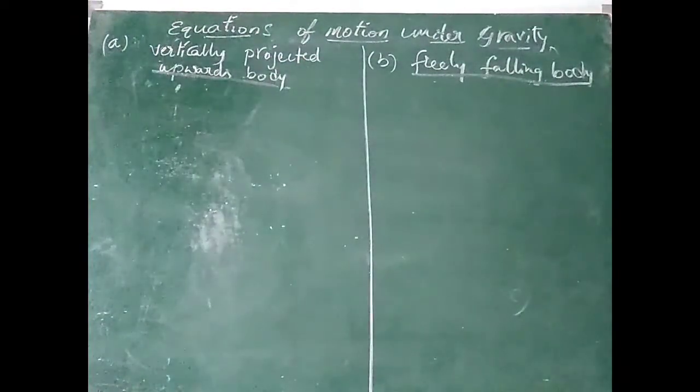First one is vertically projected body, second one is freely falling body.